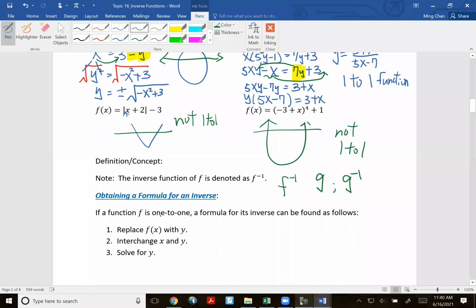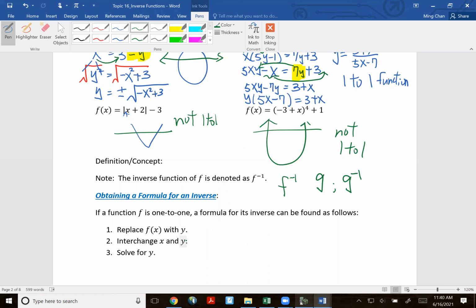So if a function f is one-to-one, then what we can do to find its inverse function is replace f of x with y first. Interchange the x and y variables. This is the key right here. To find its inverse, whether it's a function or a relation, you have to interchange the x and y variables or the coordinates.